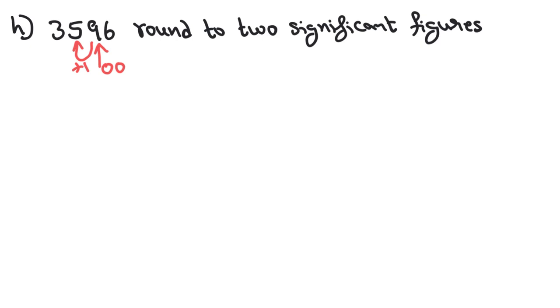So our new number is 3600. Don't forget to put the zeros over here, because this is a whole number. And it makes sense. 3,596 rounded to 2 significant figures is 3,600. So this is how you round to 1 decimal place, 2 decimal places, 2 significant figures, 3 significant figures. So you got the idea of the whole lesson.